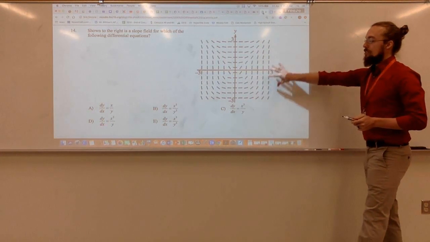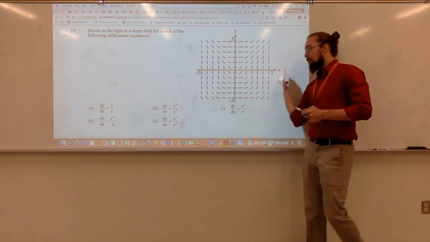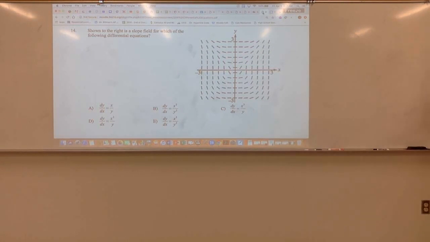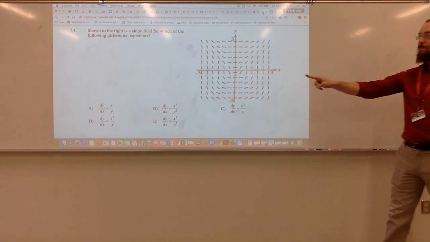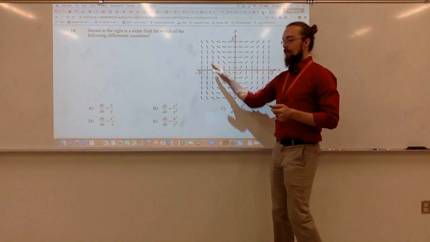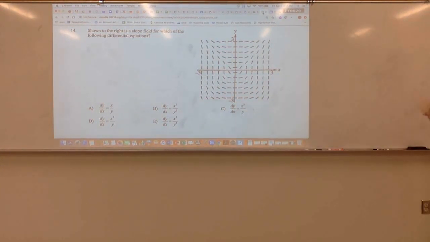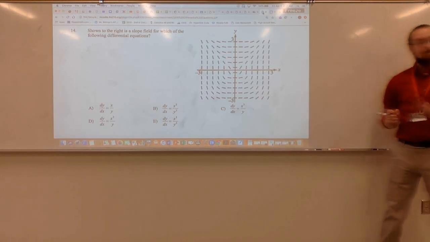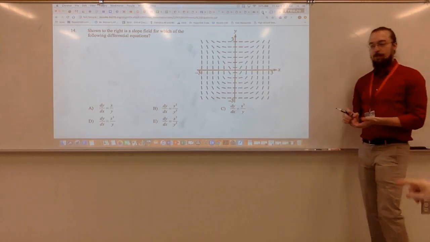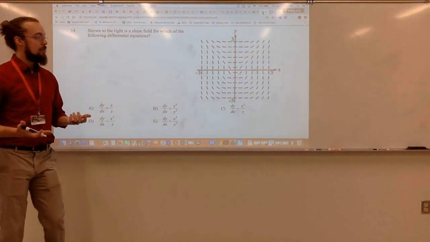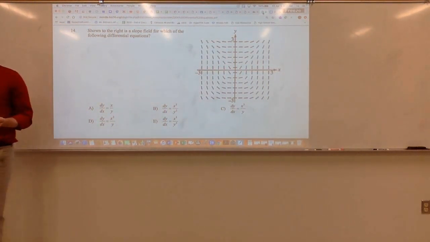So if we look at our slopes, everything to the right of the y-axis has a positive slope. Everything to the left of the y-axis has a negative slope. That kind of tells us that the only thing that's going to affect the slope is the sign of the x-coordinate. Right? The sign of the y-coordinate doesn't really affect the slope. So in terms of our answer choices, that pretty much tells me that y is going to have to be squared.